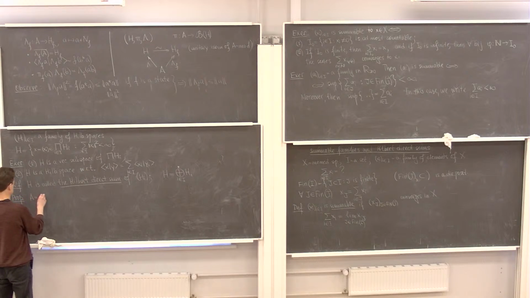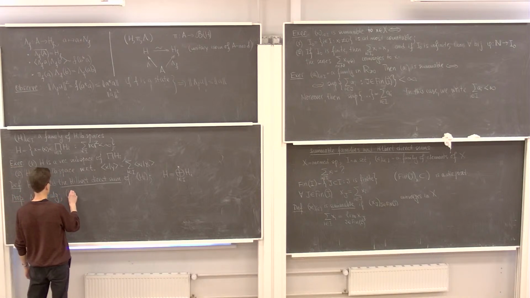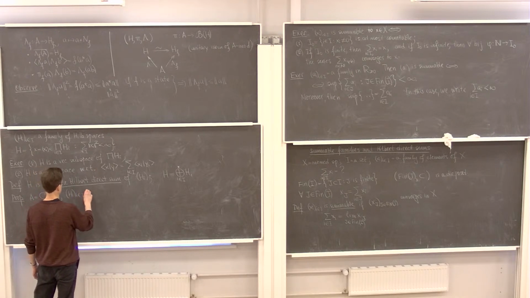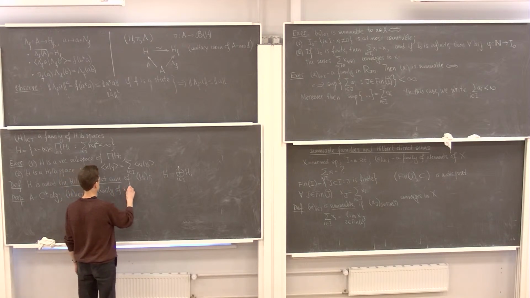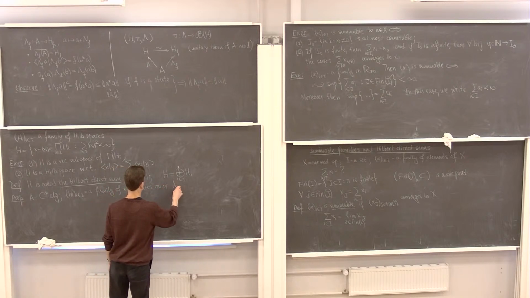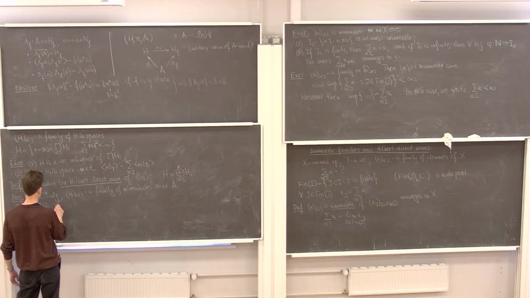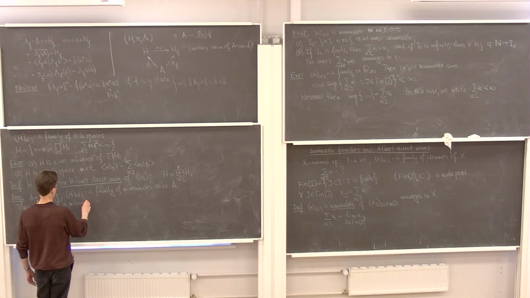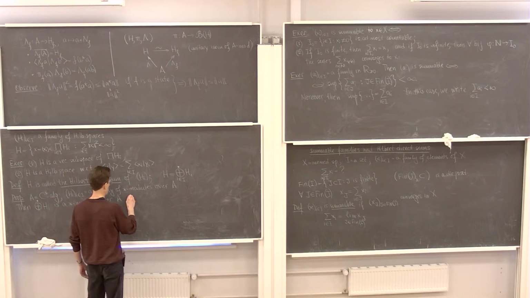Suppose that A is a C star algebra, and H_i is a family of star modules over A. Then I claim that their Hilbert direct sum is also a star module over A with respect to the following action.